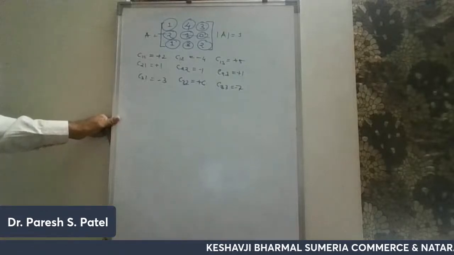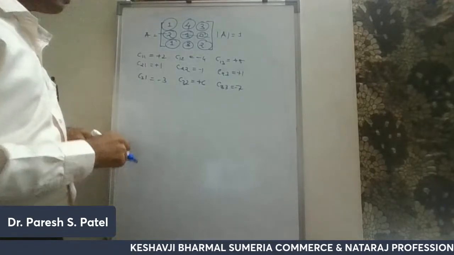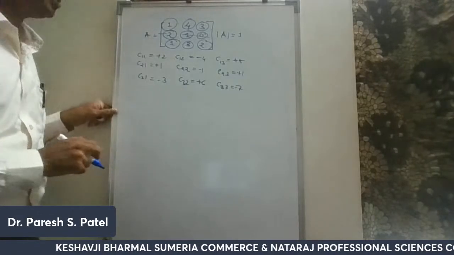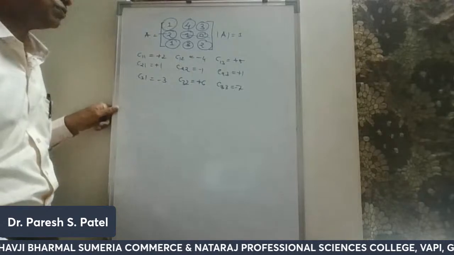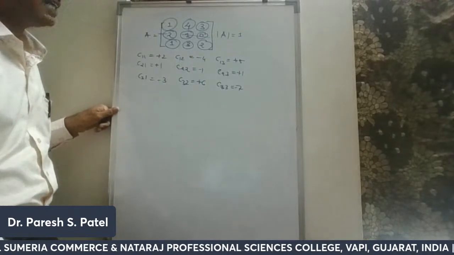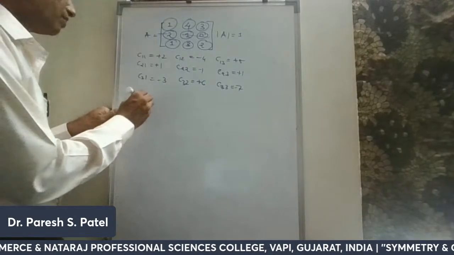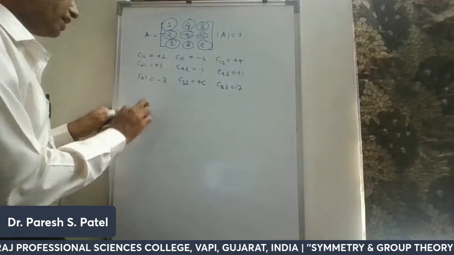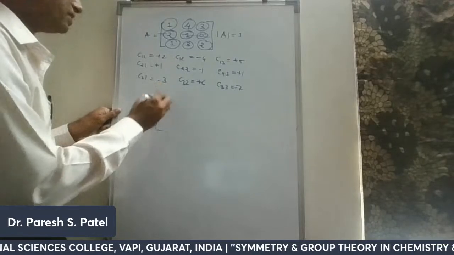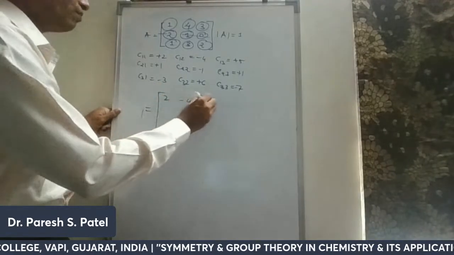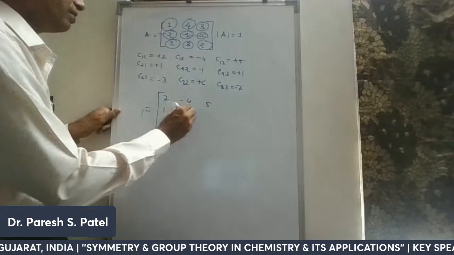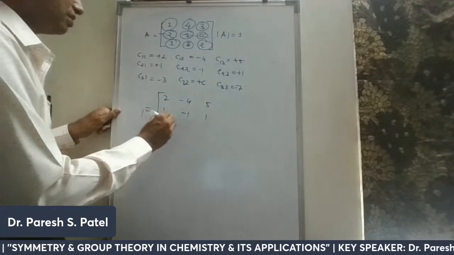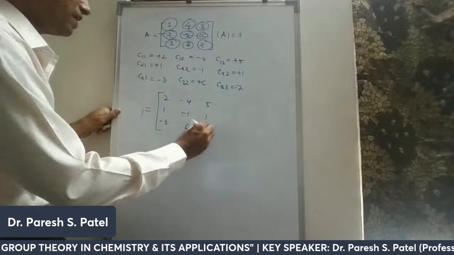So dear students, these are the values of C11, C12, C13, C21, C22, C23, C31, C32, and C33. Now we have to arrange all these values in a matrix: 2, minus 4, plus 5; 1, minus 1, 1; minus 3, 6, minus 7.